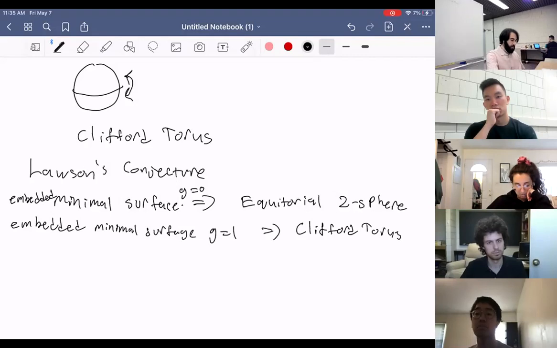And that's it. The equatorial two-sphere is the only embedded minimal surface of genus 0, and the Clifford Torus is the only one of genus 1.